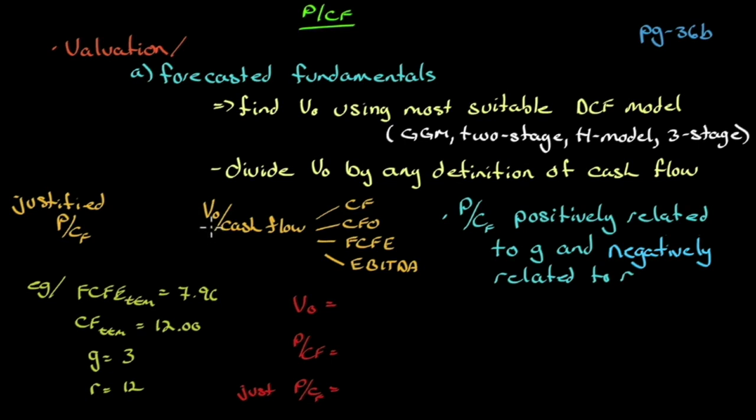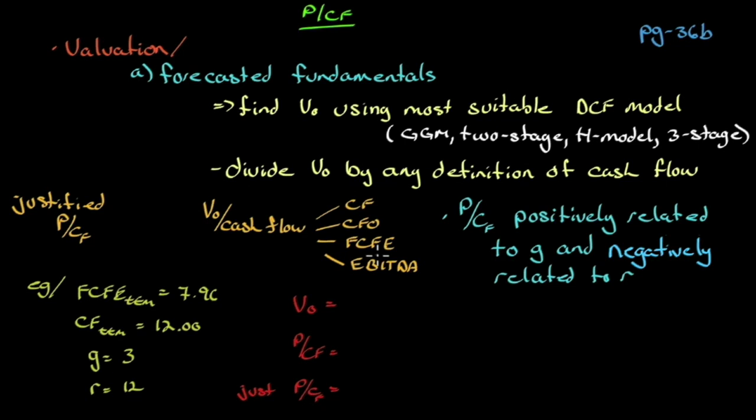So it could be a justified price to CF, to CFO, to free cash flow to equity, or to EBITDA. So you see it's not quite the same. It's still a justified price multiple, but instead of our denominator being a one definition term like book or sales, of course modified and adjusted for whatever we want, these are completely different definitions of cash flow altogether.